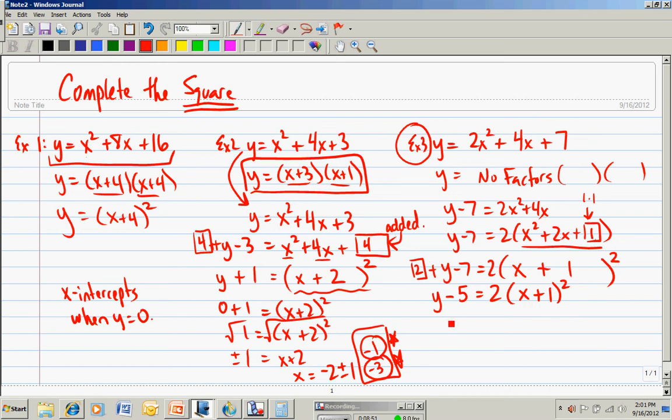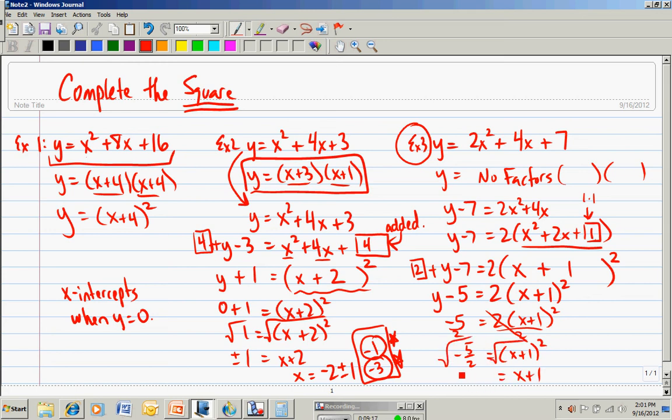So we've completed the square here. Let's solve for the x-intercepts. We've got 0 minus 5, that's negative 5, is equal to 2 times x plus 1, quantity squared. I have to divide both sides by 2, so that the 2's gone there. So this is negative 5 halves equals x plus 1, quantity squared. Now I'll take the square root of both sides.